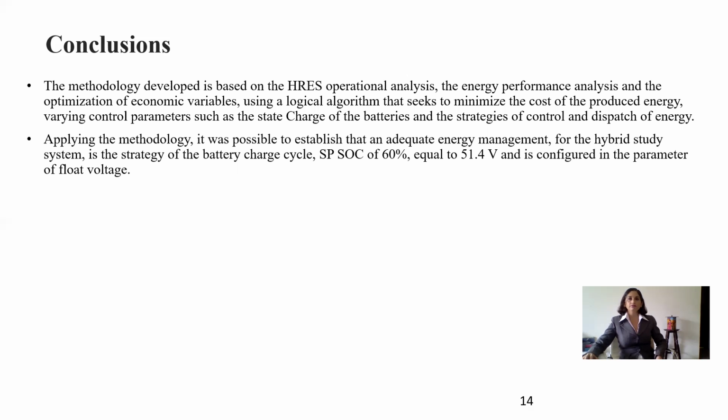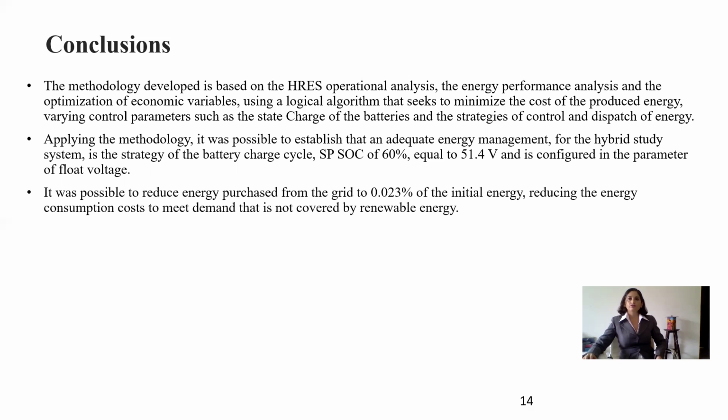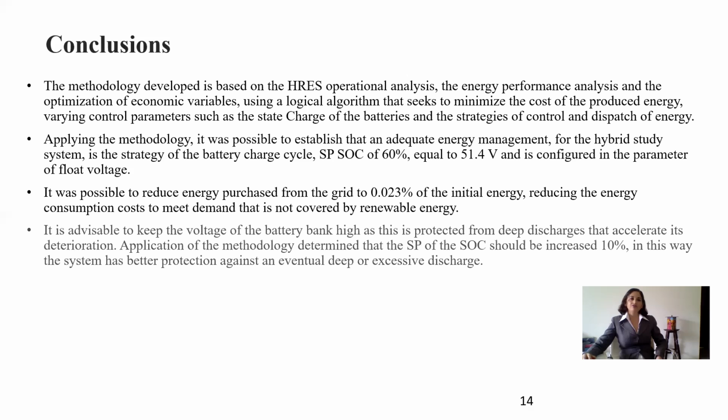It was possible to reduce energy purchase from the grid to 0.023%, reducing the energy costs to meet the demand that is not covered by the renewable energy. HRES should have a study and optimization process for a better use of renewable resources. Each system is different according to its components, types of energy demand, and the available resources.